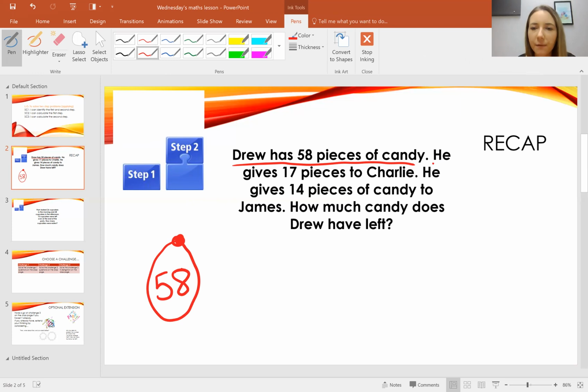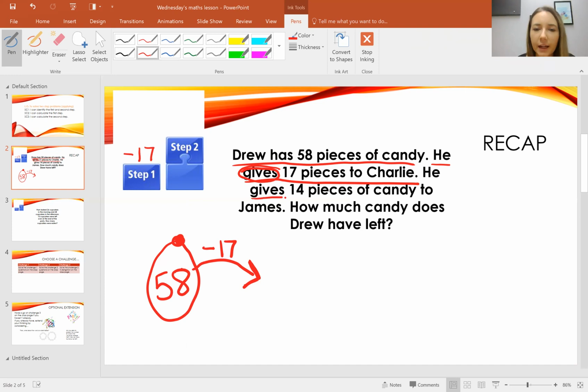The next piece of information is that he gives 17 pieces to Charlie. So I know that the word gives means I'm subtracting because an amount is being taken away. So he gives 17 of those pieces to Charlie.